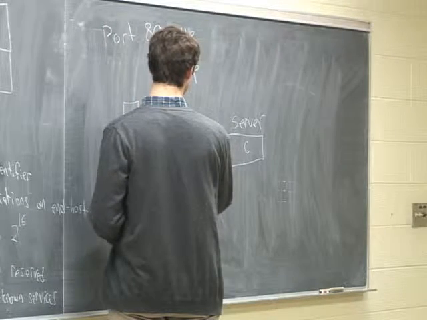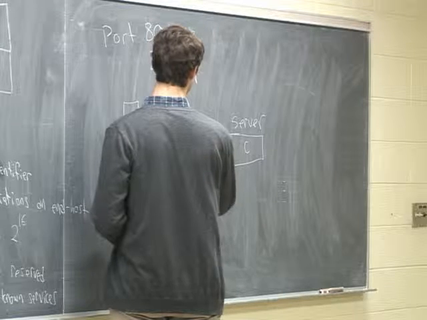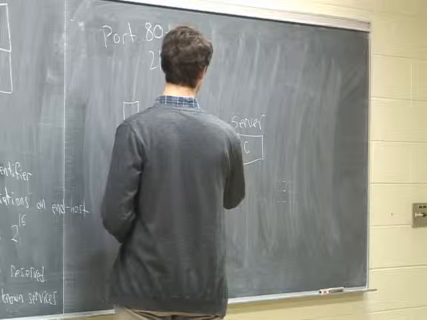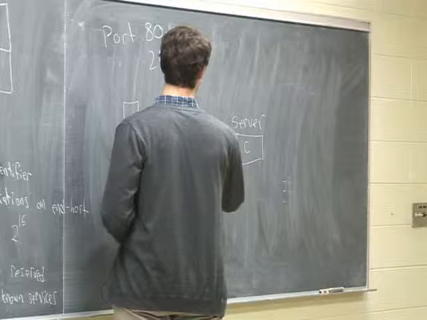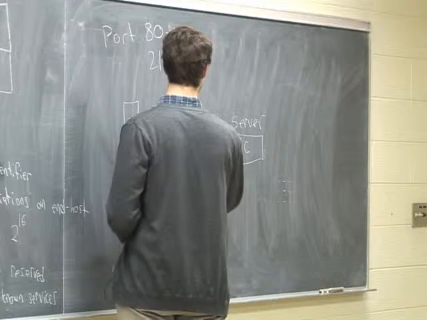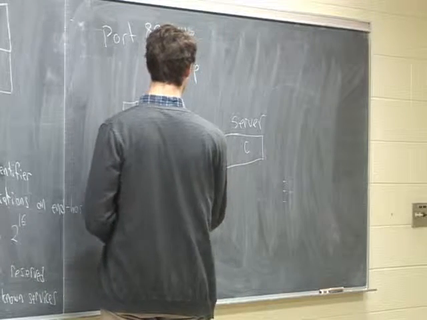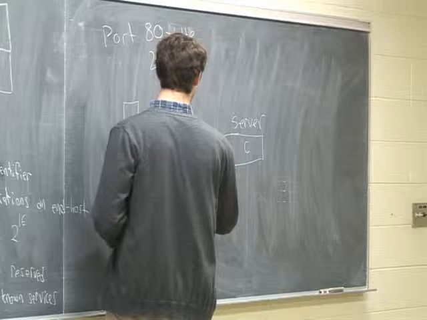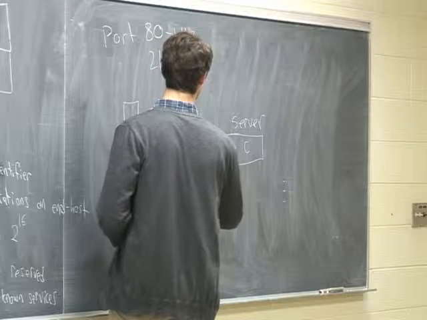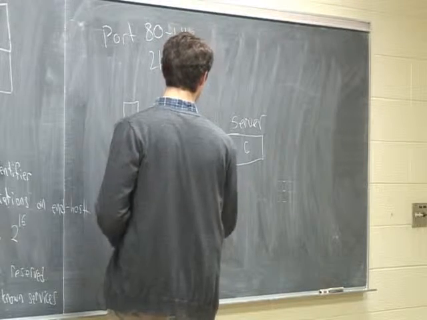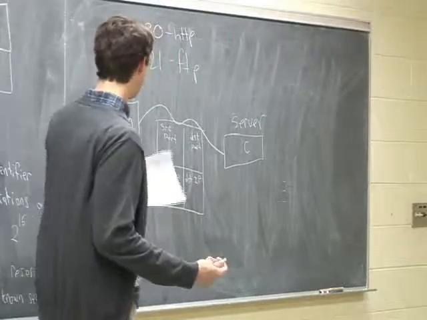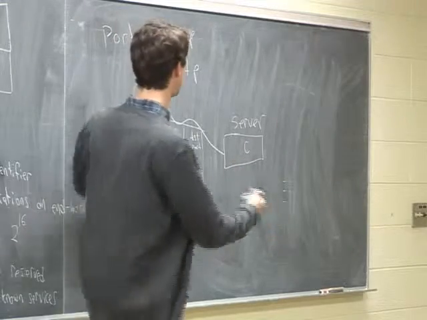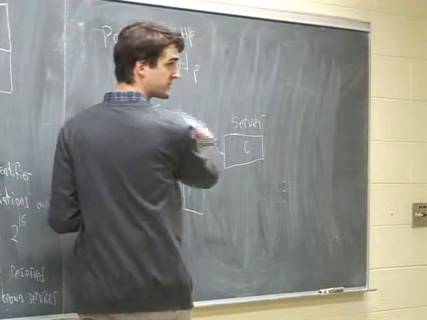It'll include its source port. It'll include the destination port. And then it has to include the source IP and the destination IP. Right, so when this user's web browser opened up this socket to this server, it got a random source port.